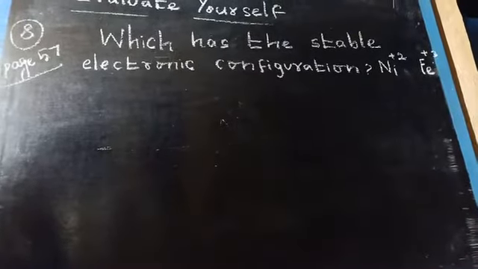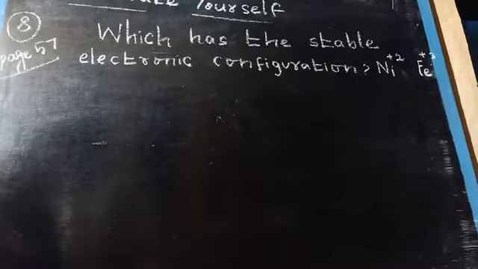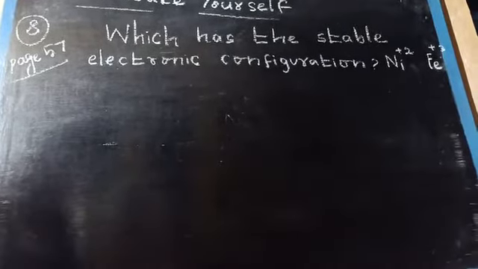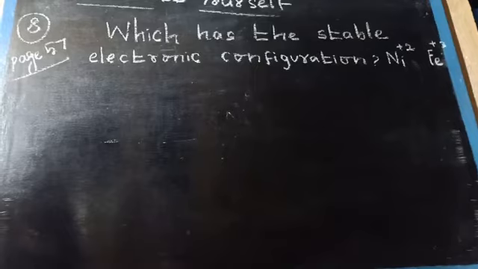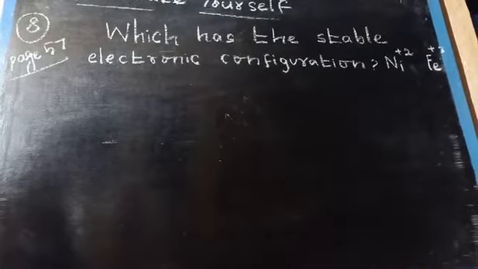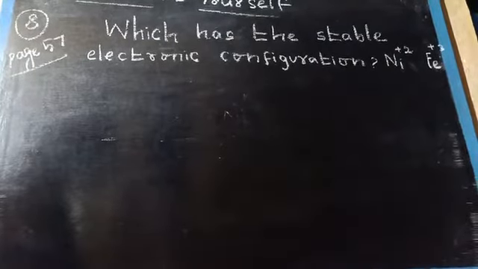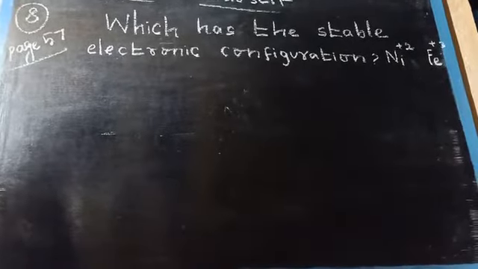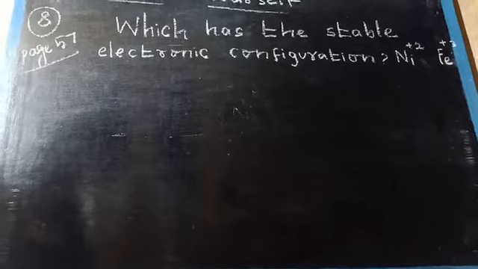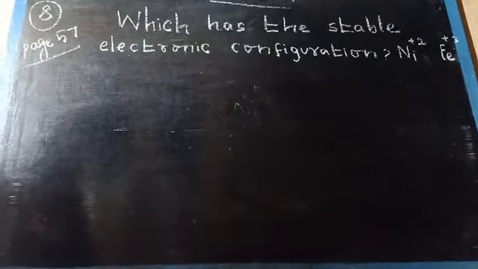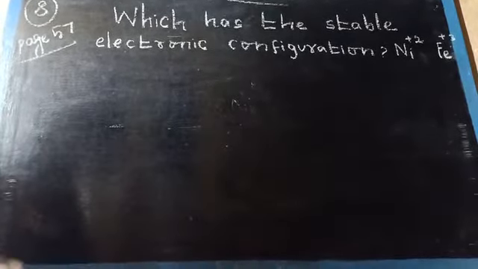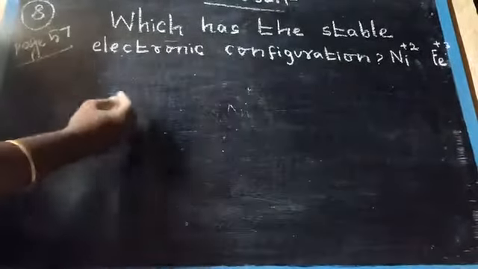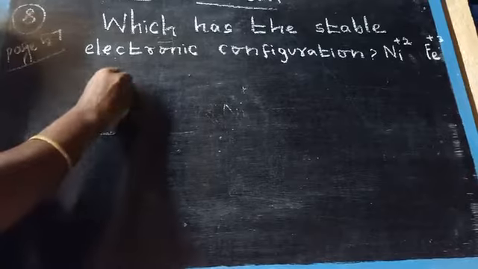If any element is given, write the electronic configuration, point number 1. Next, underline the outer valence electrons. If the electrons in the last orbital are half filled or completely filled, the particular element is stable. That's all.